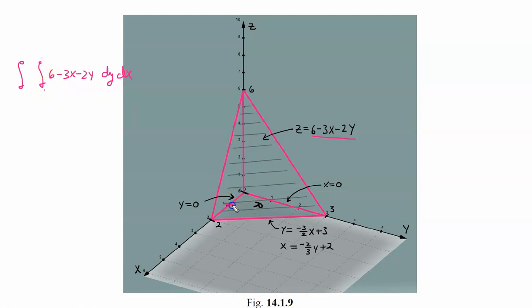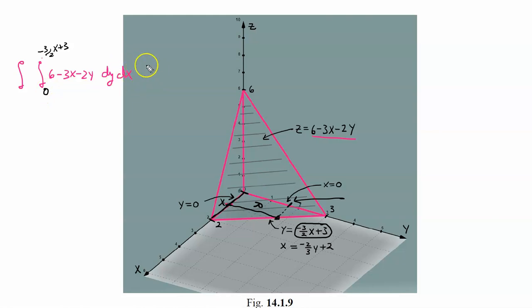If we fix x first, y is going to vary from this curve, which is y equals 0, up to that point on the y-axis, which is negative 3/2 x plus 3. It's dependent on where this x is.